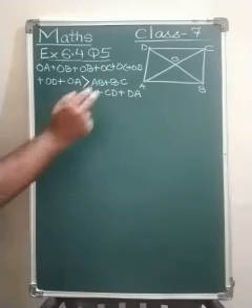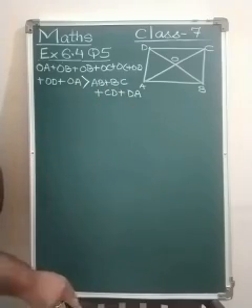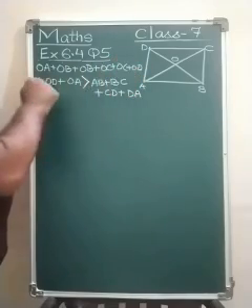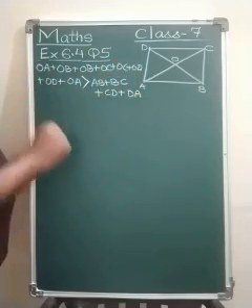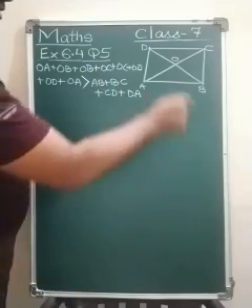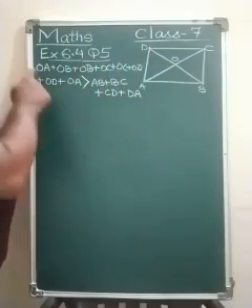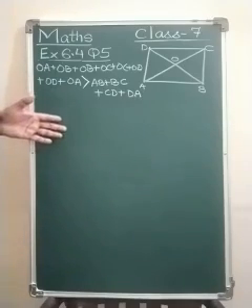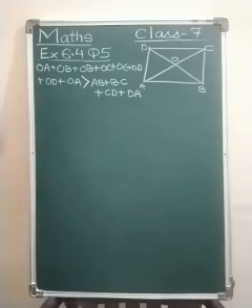This we have not got from the question: in the RHS we have AC and BD. Here we cannot see AC and BD, so we have to show how AC comes and how BD comes. So what we will do?